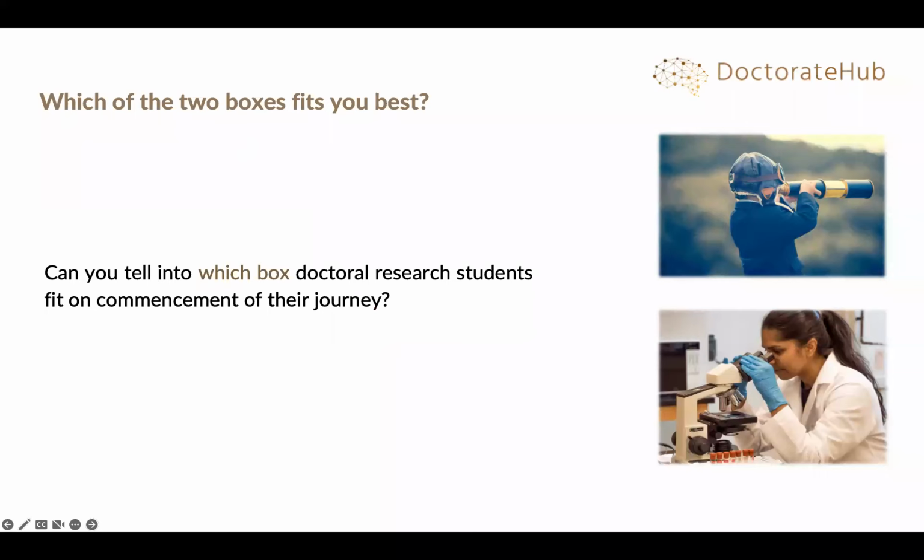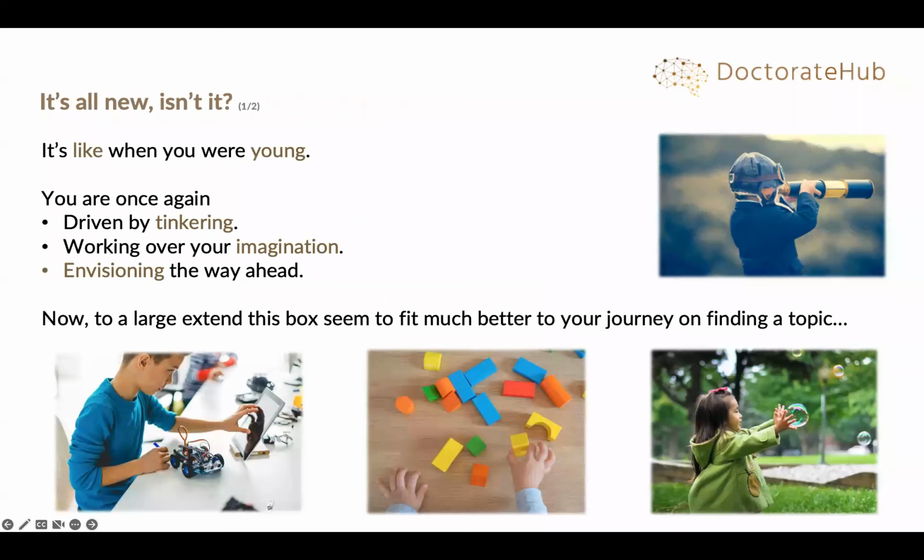Now, can you tell into which of the doctoral research students' boxes you would fit best in your journey? If you're a child, then it's all new again. It's like being young. You're driven by tinkering, you're working over your imagination and visioning the way ahead. Those are all great things.